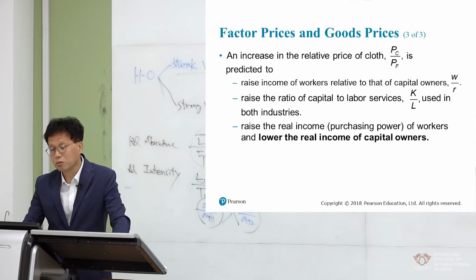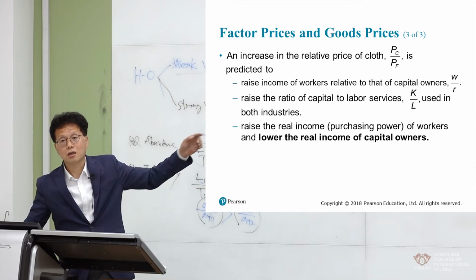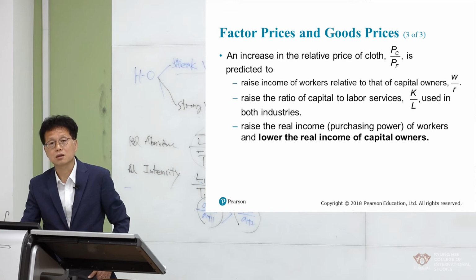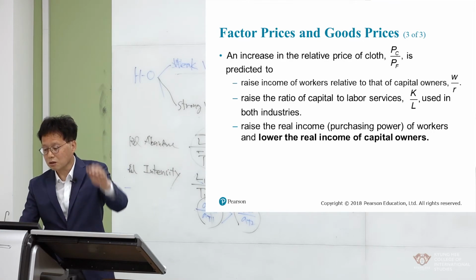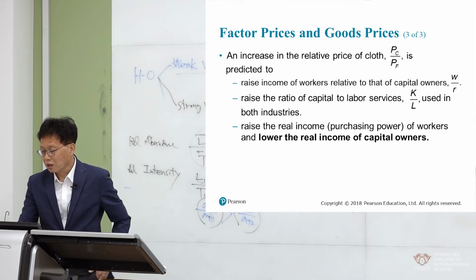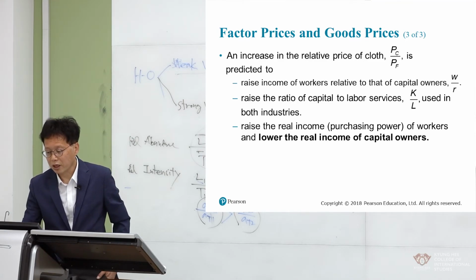We know W over R increases there. W is labor income, R is capital income. We know this. It raises the ratio of capital to labor services: K over L increases, L over K decreases.